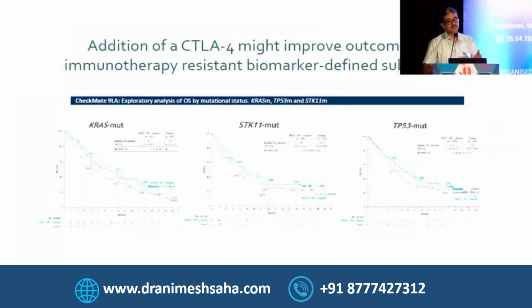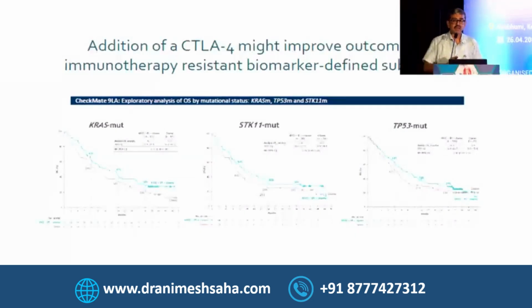So the addition of CTLA-4 might improve the outcome in the immune-resistant biomarker-defined subgroup, particularly if KRAS mutation, STK11 or TP53 mutation. The exploratory analysis of mutational status in CheckMate 9LA showed that they are doing better with the IO plus IO combination. Even in IMpower150, there is a subgroup, although the number of patients is very limited, where KRAS-mutant patients are doing well with ABCP.